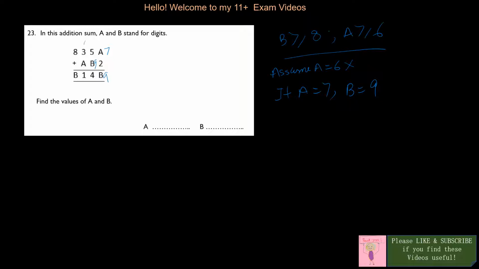We have 4, 1 gets carried over, plus 3 is 4, plus 7 is 11, 1 carried over and 1 plus 8 is 9. So A is 7, B is 9, and that is the correct answer.